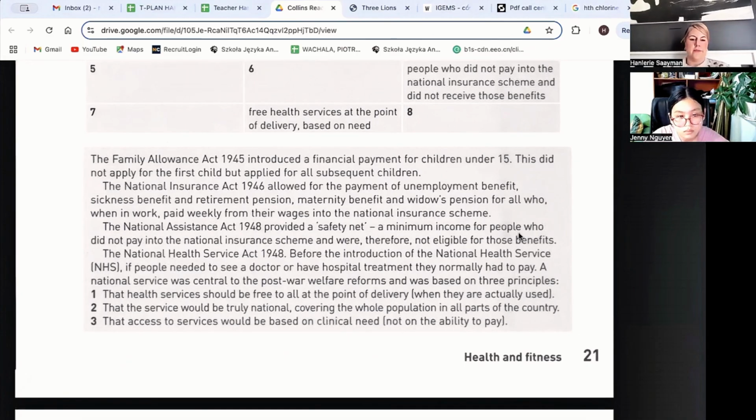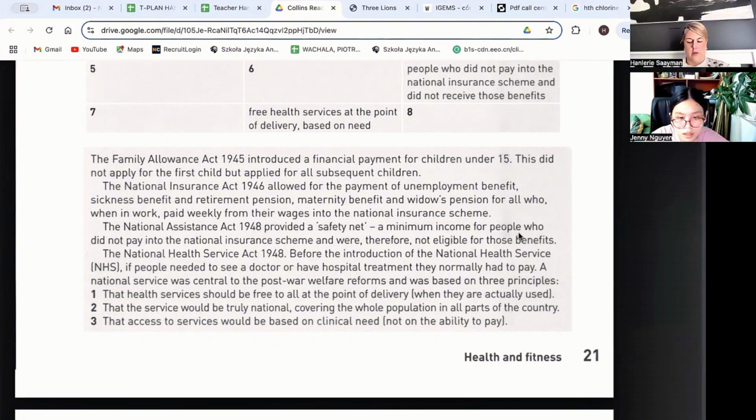The Family Allowance Act 1945 introduced a financial payment for children under 15. This did not apply to the first child but applied for all subsequent children.